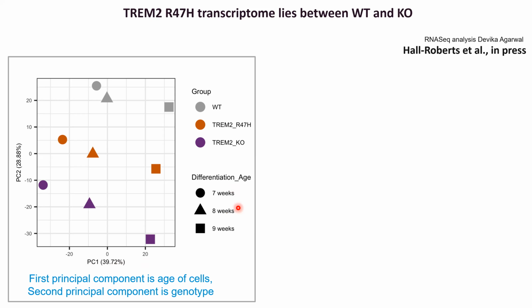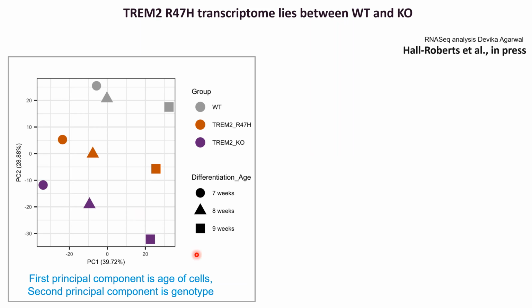So this is quite an interesting cautionary tale: these differentiation cultures are highly productive and they keep on spitting out macrophage microglia precursors for many, many weeks. We've even kept them for up to a year. And although we do our experiments within a very small window of 7 to 9 weeks, each week the cells are clearly changing in their transcriptome, enough for us to detect it very obviously on these types of transcriptomic experiments.